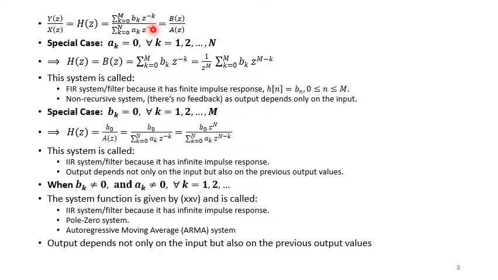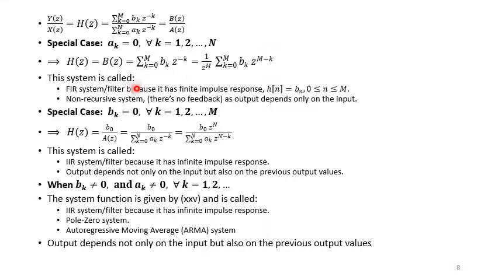So that's just the scaling thing left, and all these are removed. If I take z^(-M) common, I am left with summation k running from 0 up to M, b_k z^(M-k).